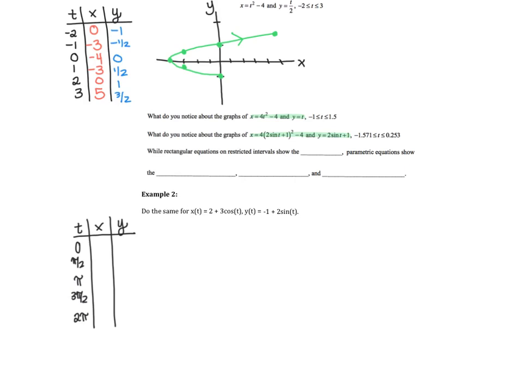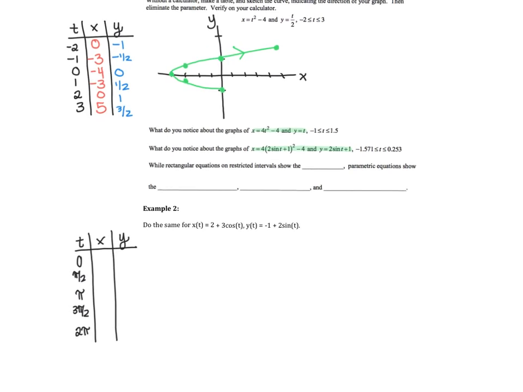But you can plug in these decimals if you'd like to. And you'll notice that all 3 of these parametric curves, the one we did by hand, and these following 2, are all going to produce the same curve. Next, what they ask us to do is to eliminate the parameter.